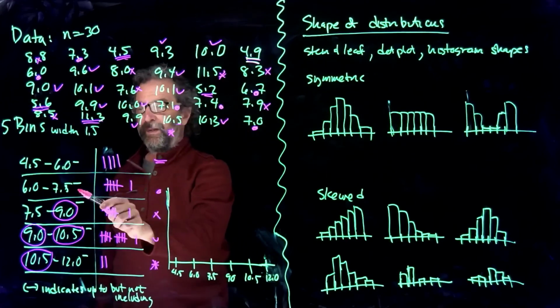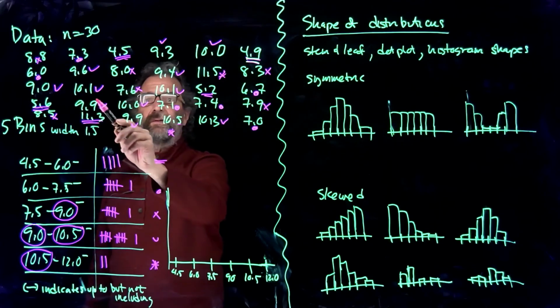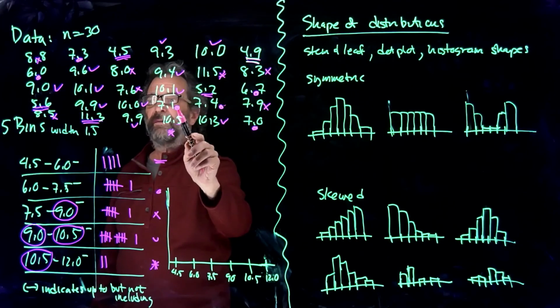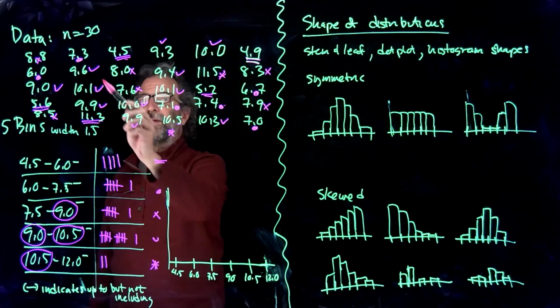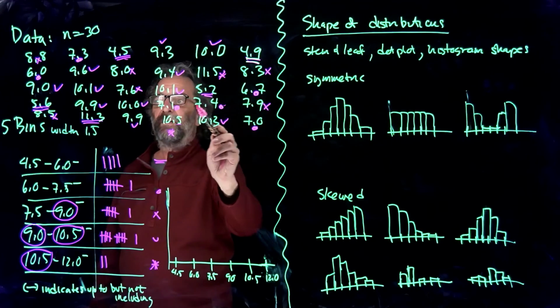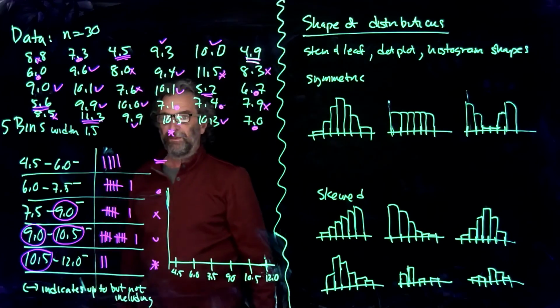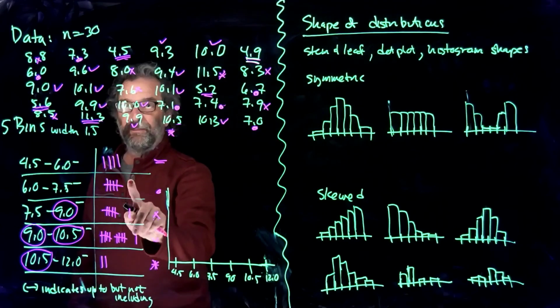So we got that. 6 to 7.5, the dots. 1, 2, 3, 4, 5 dots. It says 6. Come here. 1, 2, 3, 4. I only get 5. Maybe. I'm still concerned now.